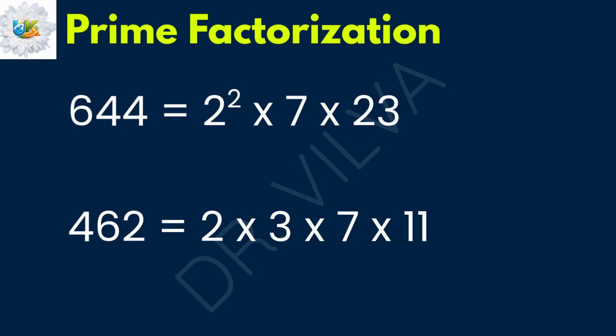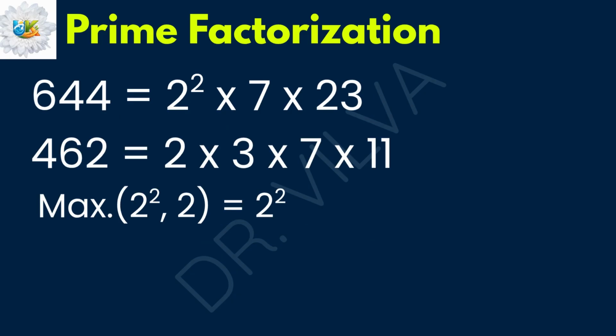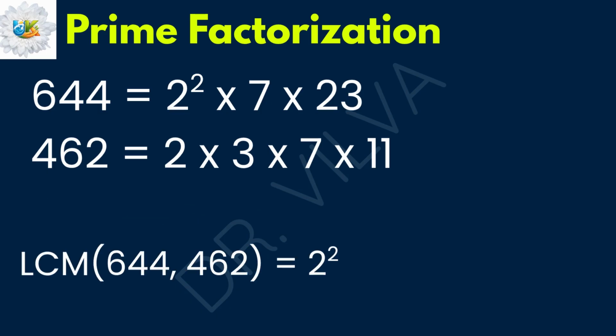To find the LCM, we take the highest power of each prime factor present in the numbers. Maximum of 2 square and 2 is 2 square. So we are taking 2 square. We also include the remaining factors, that is 3, 7, 11 and 23.